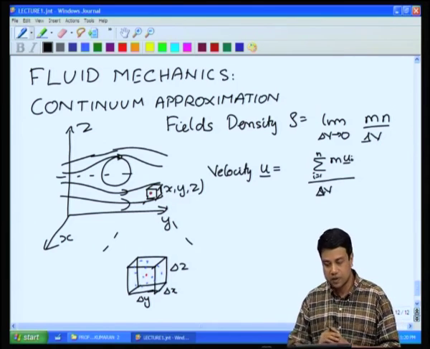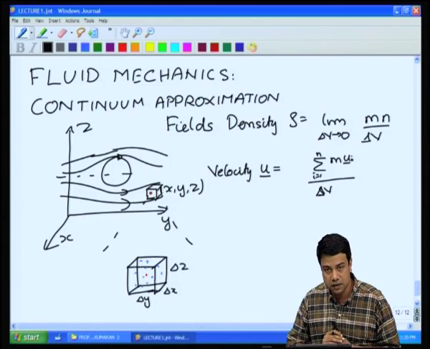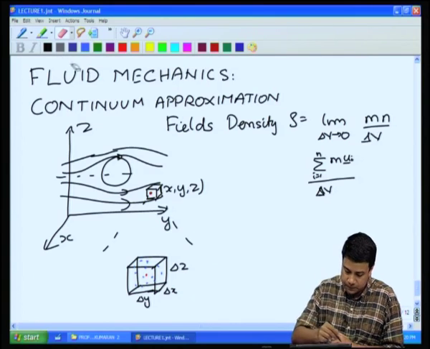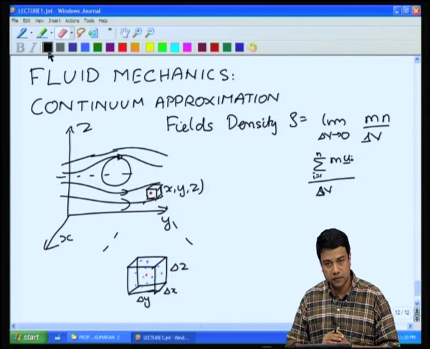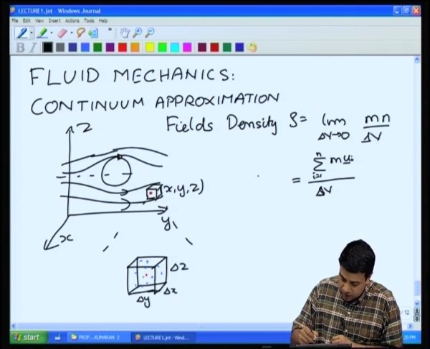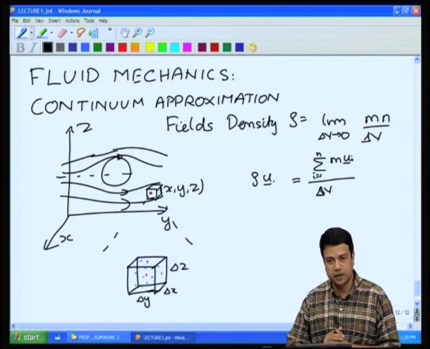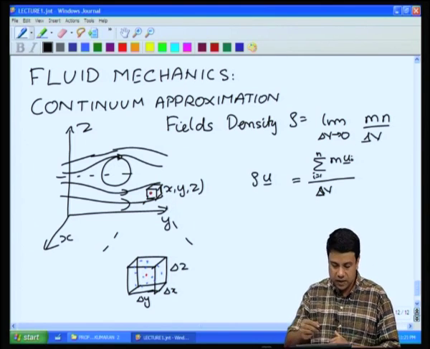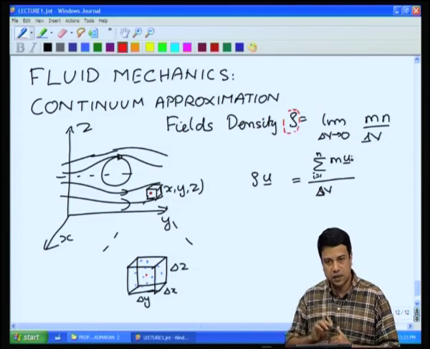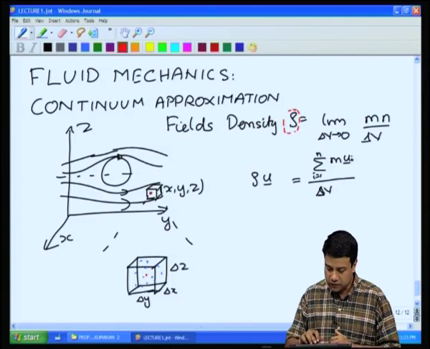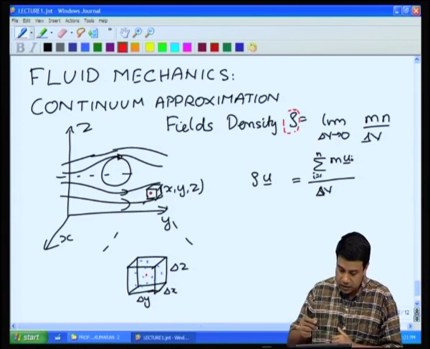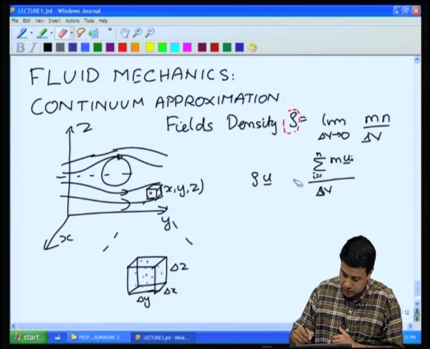This is what is called the momentum density. That is, this gives me the momentum per unit volume, which is equal to the mass density times the mean velocity. So, if I have the mass density from here and I do this calculation and find the momentum density, the velocity is just this whole thing divided by the mass density, in the limit once again as the volume goes to 0.